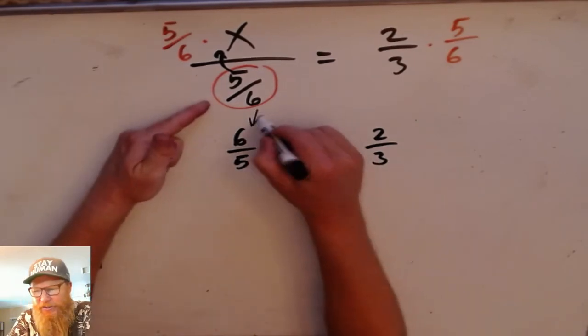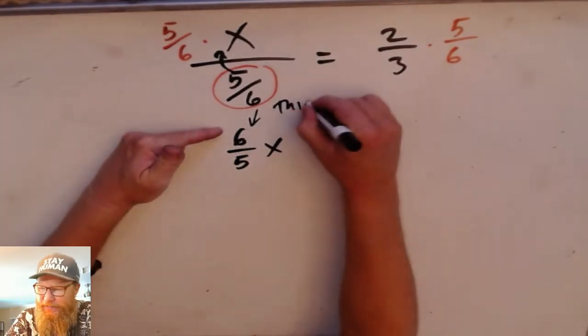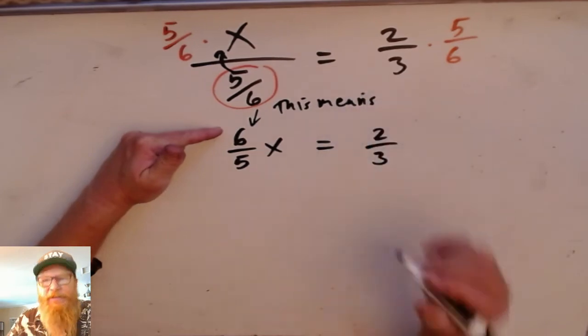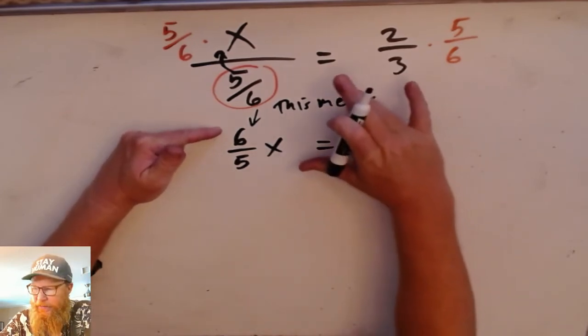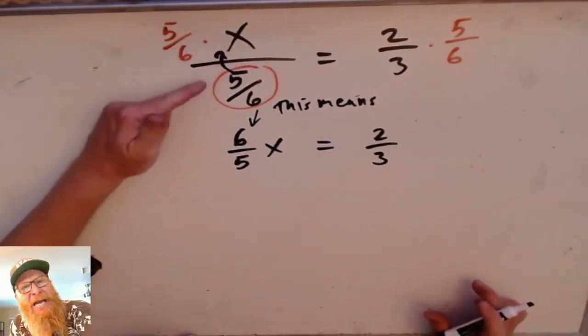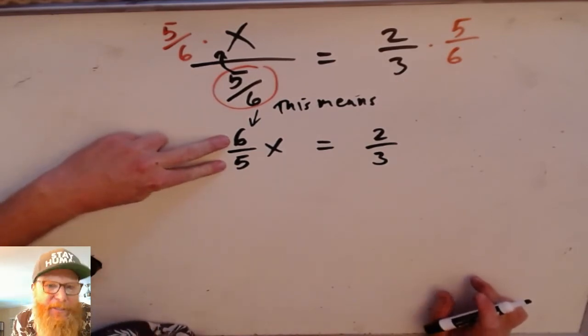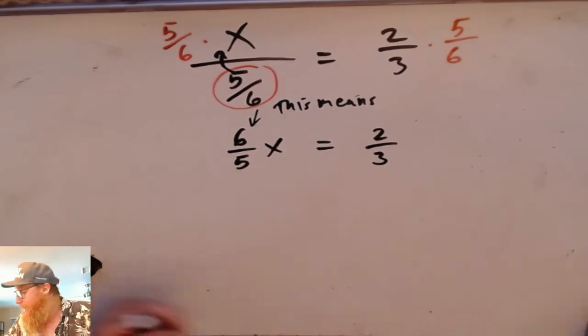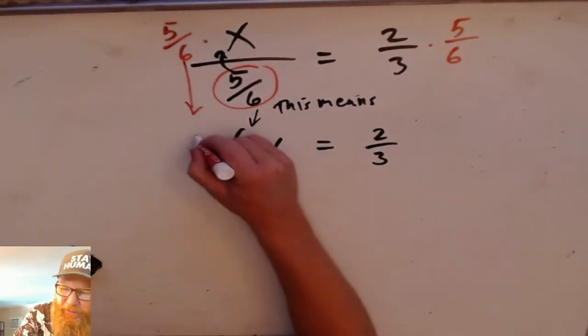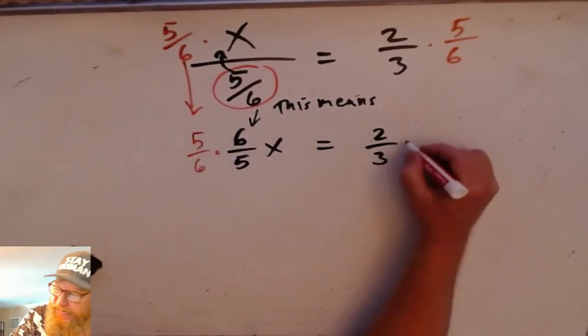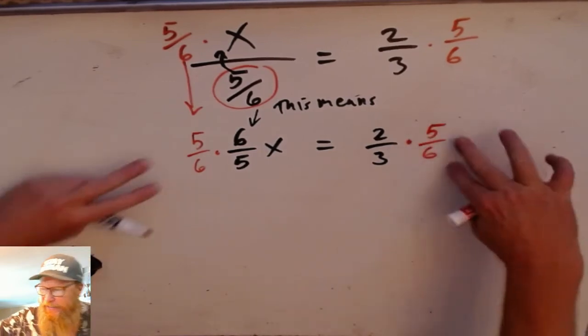That's what this actually means. In other words, when you divide by a fraction, it's the same as multiplying by the reciprocal. And so when I put my reciprocal 5/6, there it is.